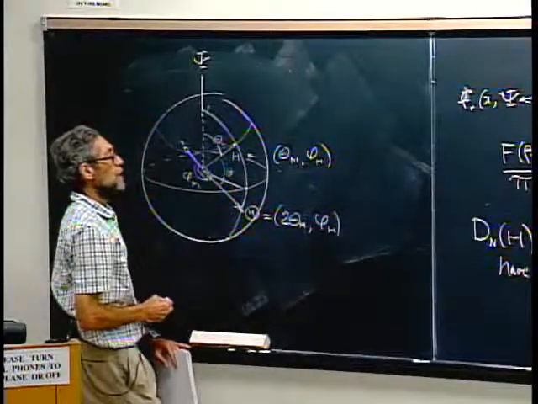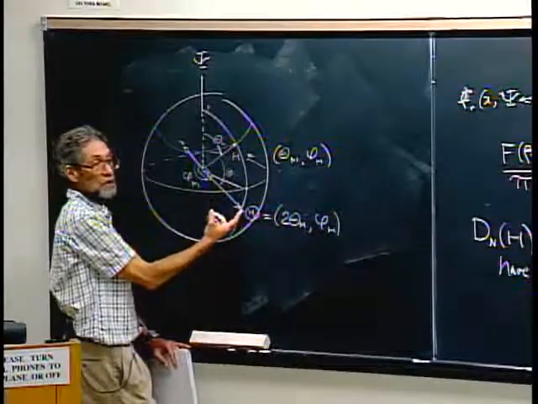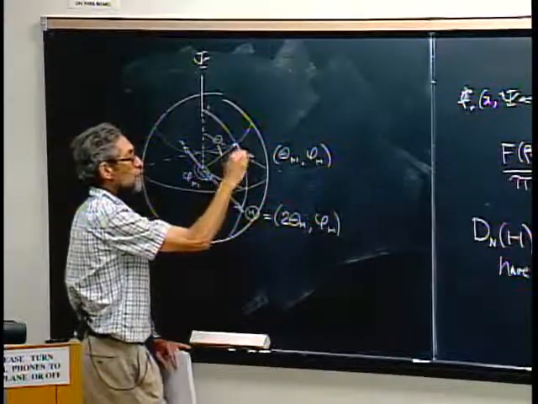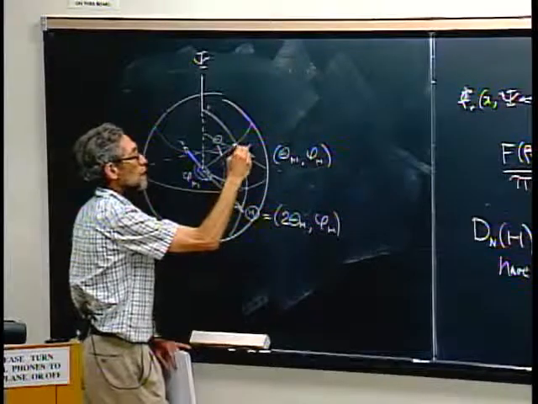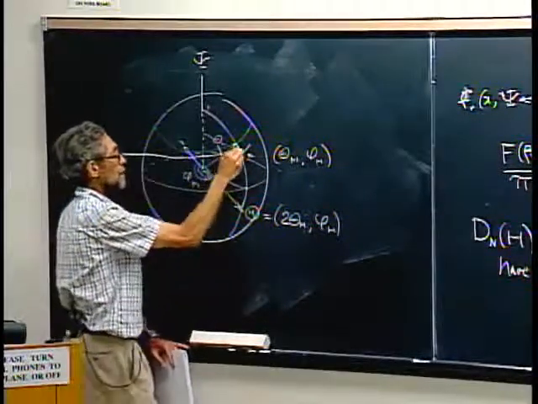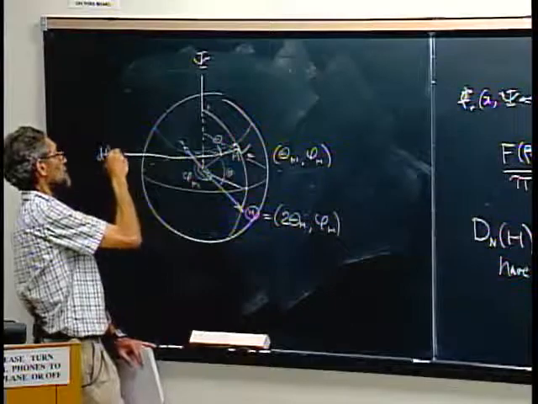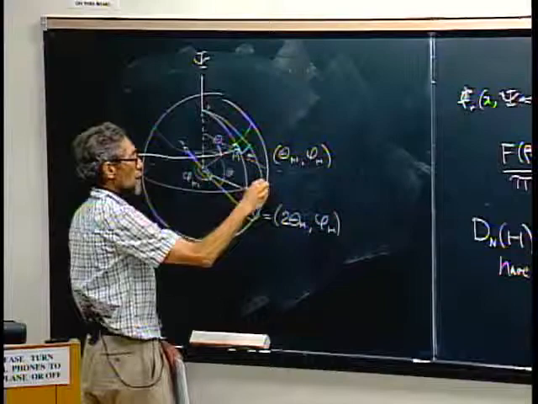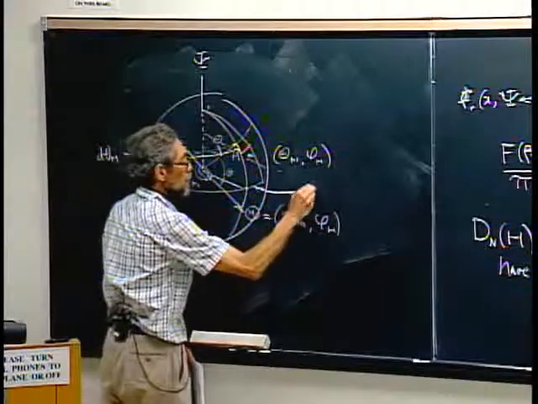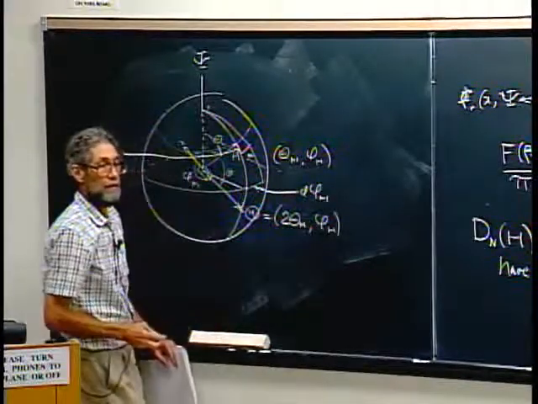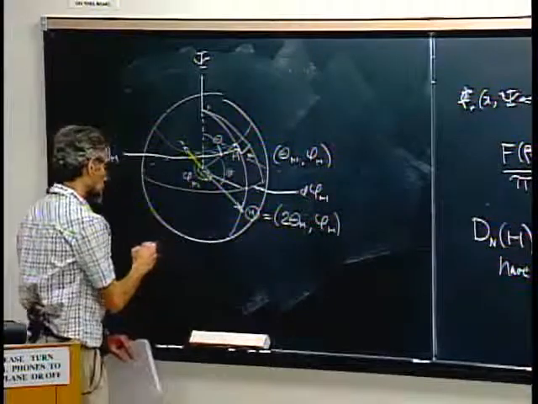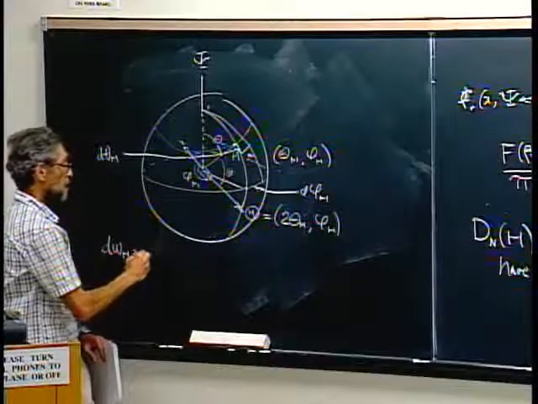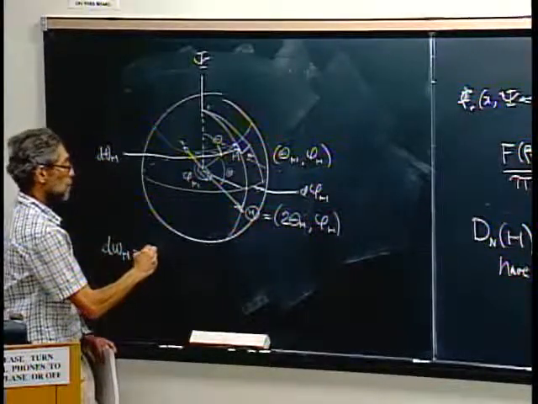Okay, but what we're really interested in is how solid angle changes from here to here. Right? So suppose we have this, here is d theta h, and over here is a d phi of h. Right? Then the solid angle d omega for h is, what is it going to be?